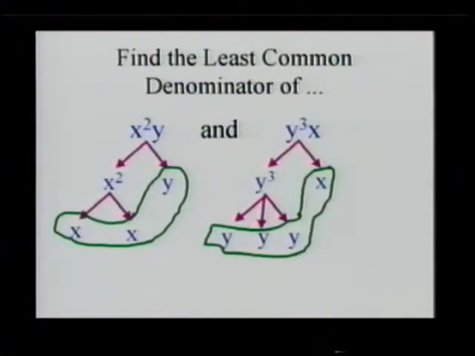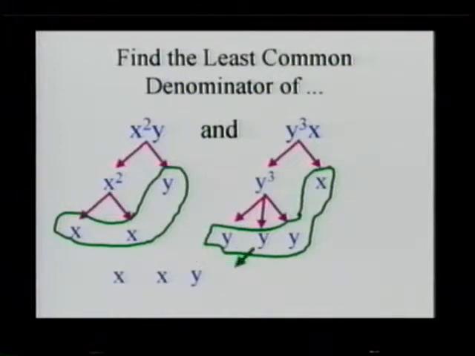Now we're going to construct an expression that covers everybody in both of those sets. Let's see. I need an x. I need another x. That covers those two. And I need that y. So I'm all set for the first expression, x squared y. Now the other one, I need a y. Well, that's covered. I already got it.